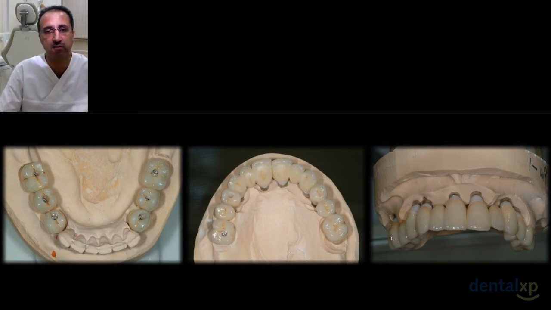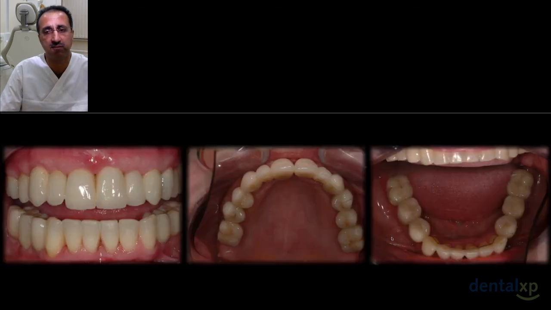And this is how it looks. And you can see the restoration in place. The one tooth that we decided just to keep and restore.